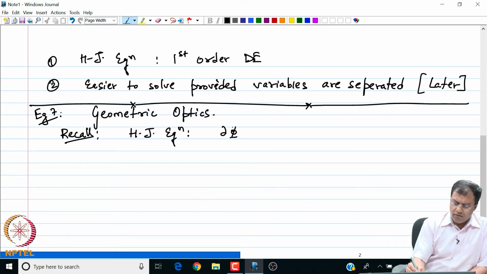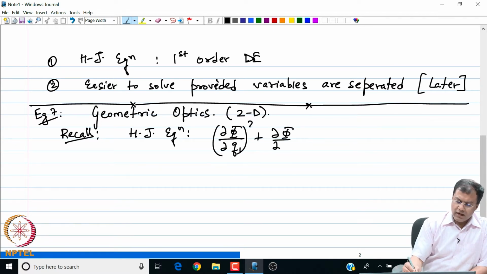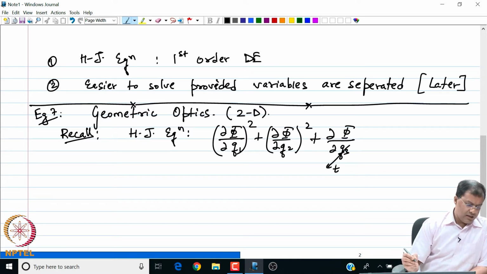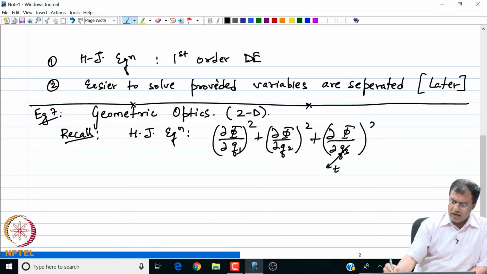This was del phi del q1, in 2D. So del phi del q1 squared plus del phi del q2 squared plus del phi del q3 squared, where my q3 was the independent variable t that we described earlier, is equal to n squared, where n is the refractive index.